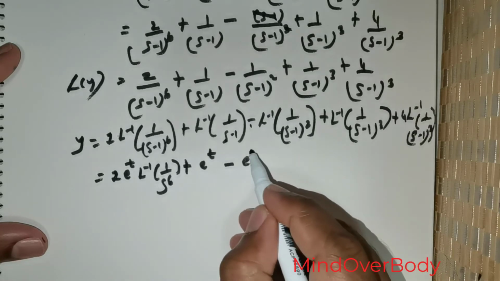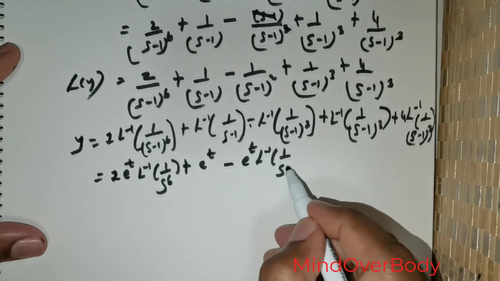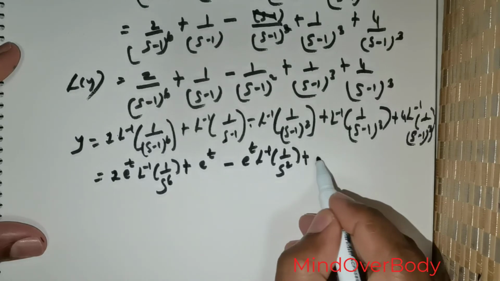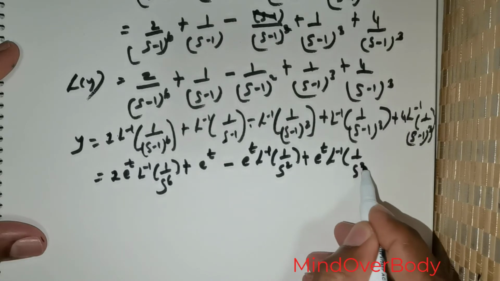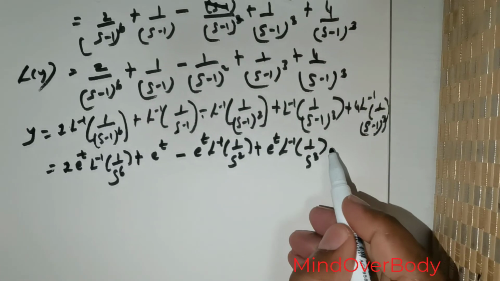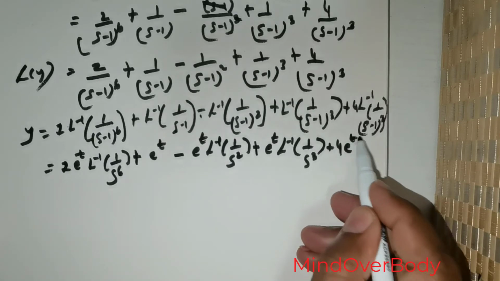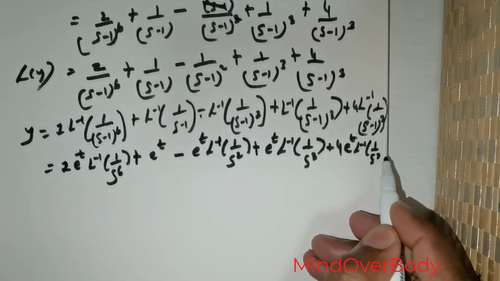So e^t, L inverse of 1 over s squared, that's what we get, positive e^t, L inverse of 1 over s cubed, and positive 4 times e^t, L inverse of 1 over s cubed.